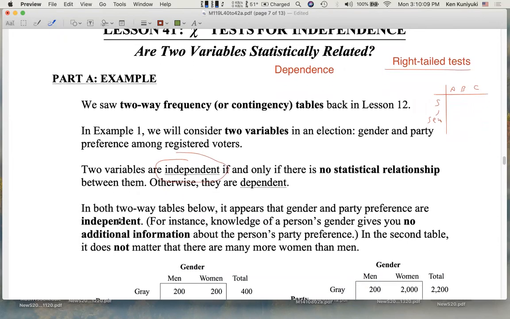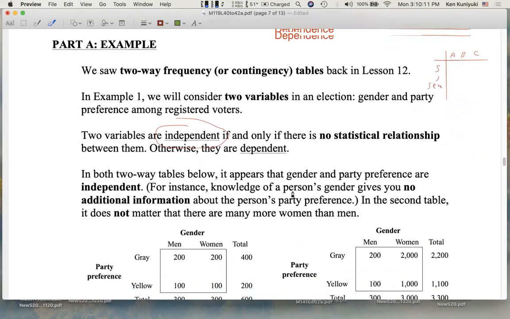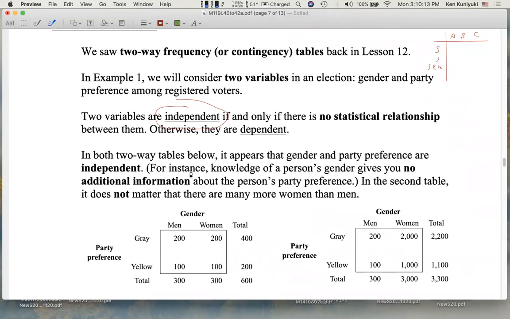In both two-way tables below, it appears that gender and party preference are independent, meaning that knowledge of a person's gender gives you no additional information about the person's party preference, and vice versa. So remember, back when we were talking about probability, if I took one card out of a deck of 52 cards, and if I told you the rank, for example, this card is a 4, did that give you any additional information about the suit, whether the card was hearts, diamonds, clubs, or spades?